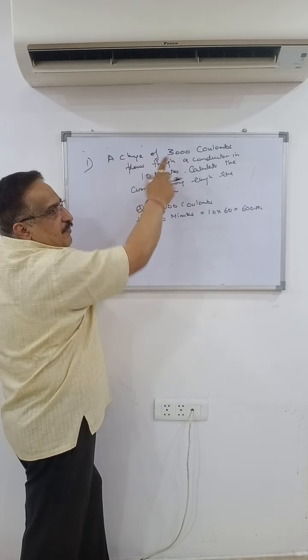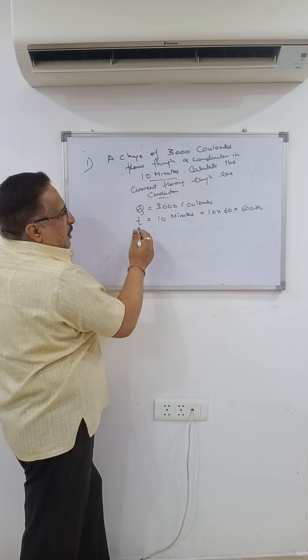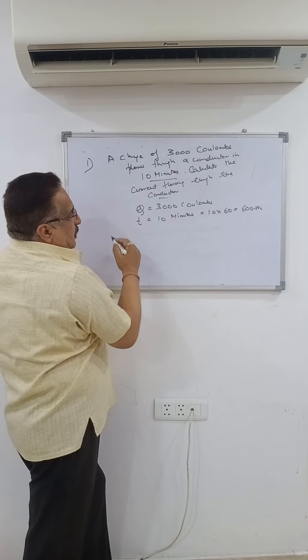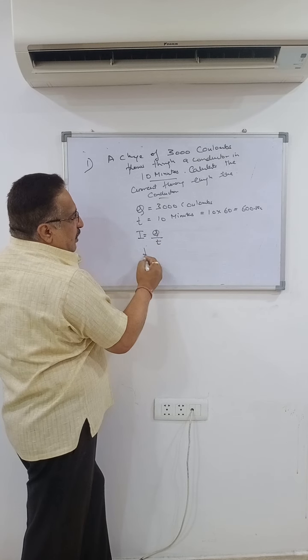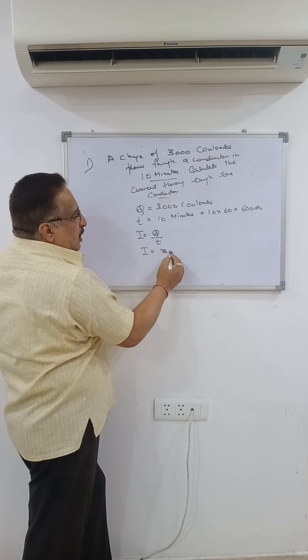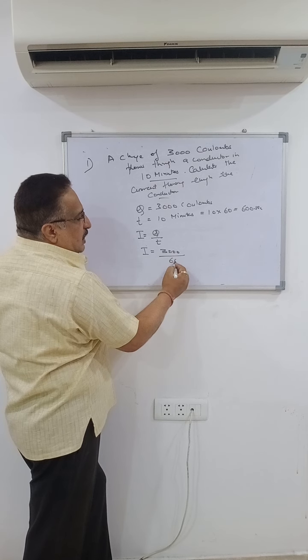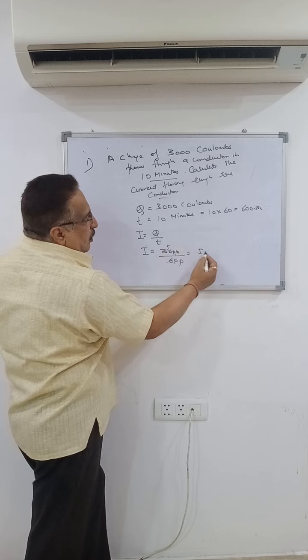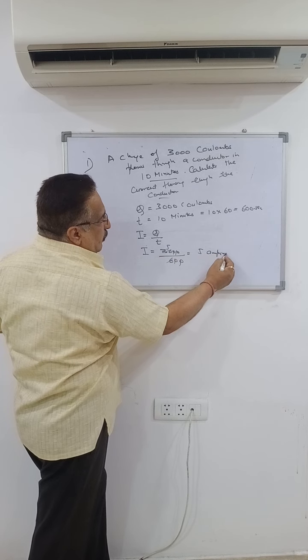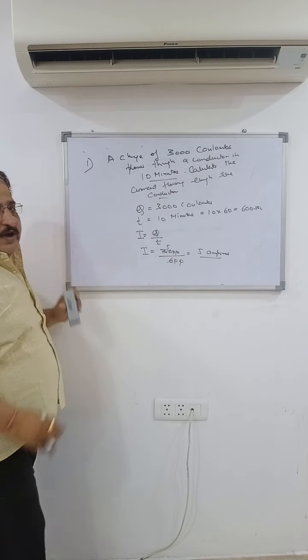The charge is actually given in coulombs, you don't need to convert it. 10 minutes is 600 seconds. So I is equal to Q by T, or I is equal to 3000 upon 600. That is equal to 5 amperes. The answer is 5 amperes.